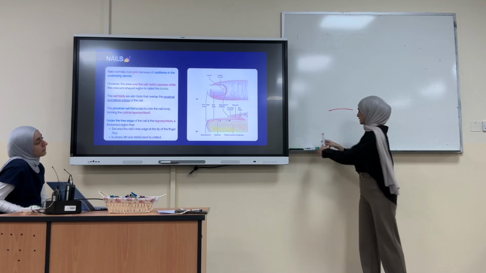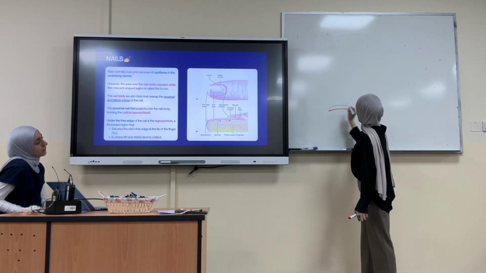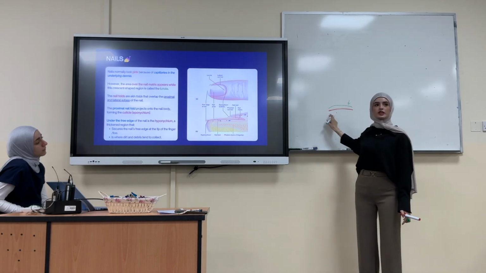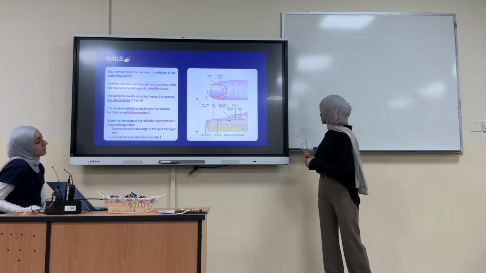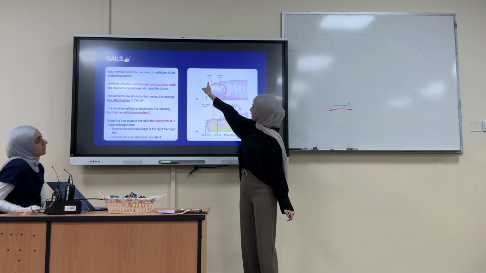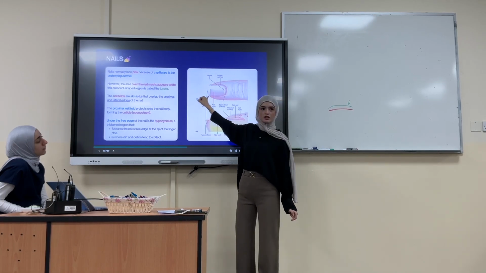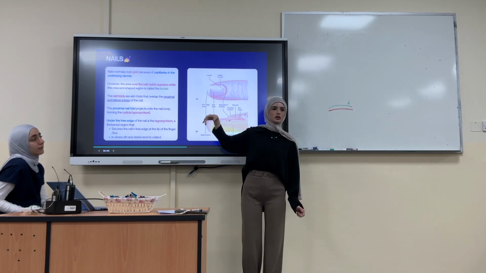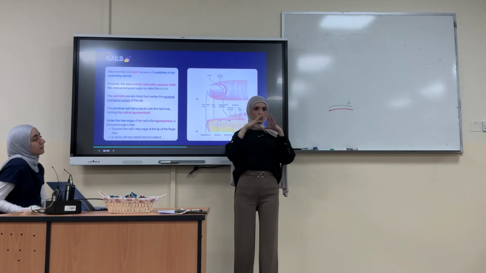On top of the nail matrix, what you can see is a white layer. That crescent-shaped white layer is the lunula, over the nail matrix. That part is white, not the free edge. That is the free edge right there. In reality, the nail looks pink, the whole thing looks pink.